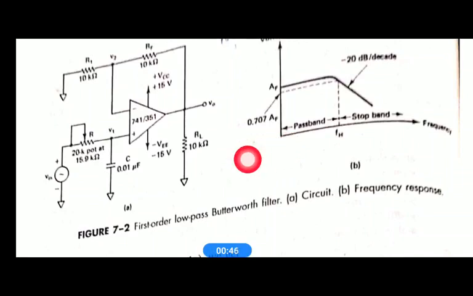This circuit uses an op amp with an RC network at its input, and the op amp is connected in non-inverting configuration, where the resistors RF and R1 provide the gain of this filter.